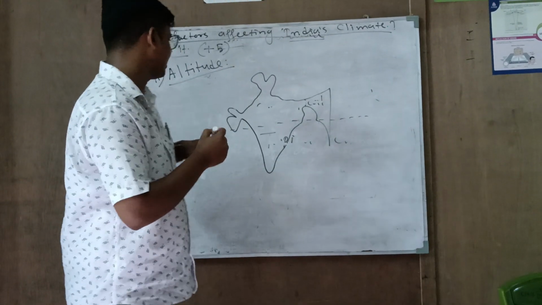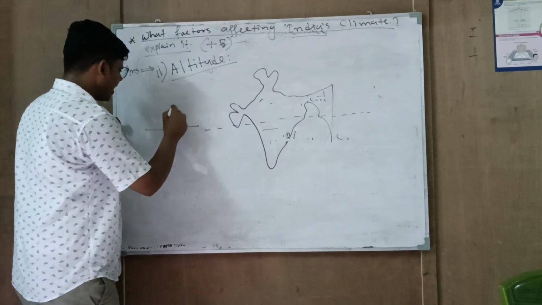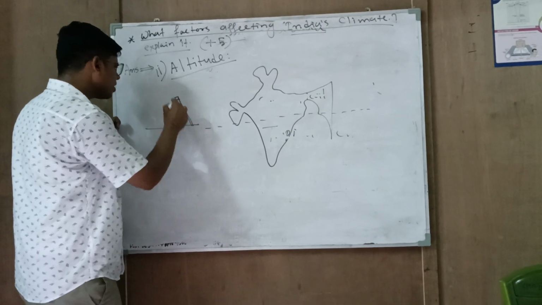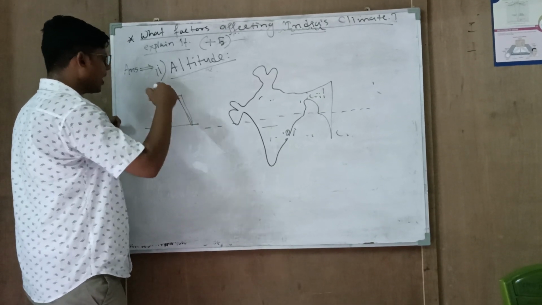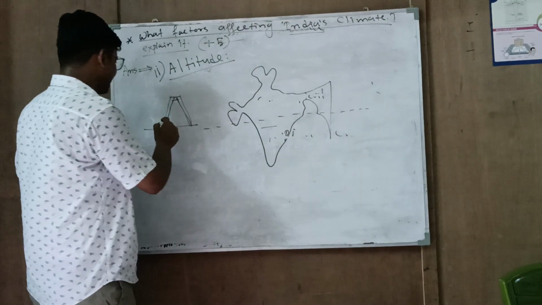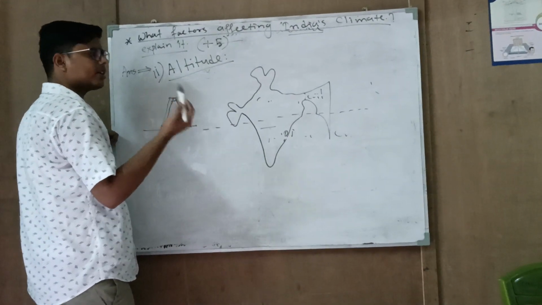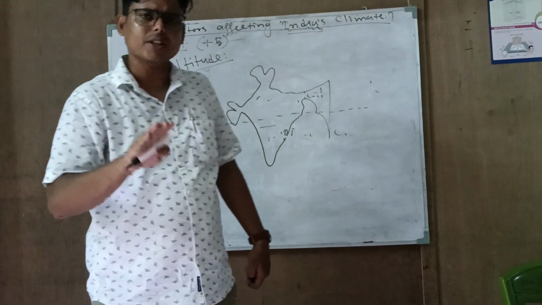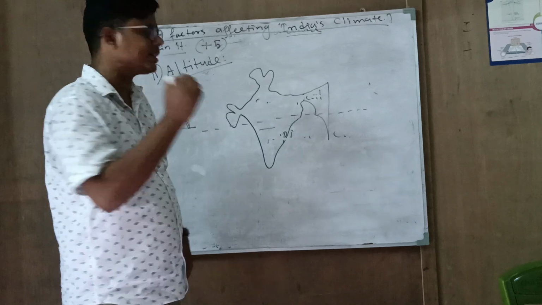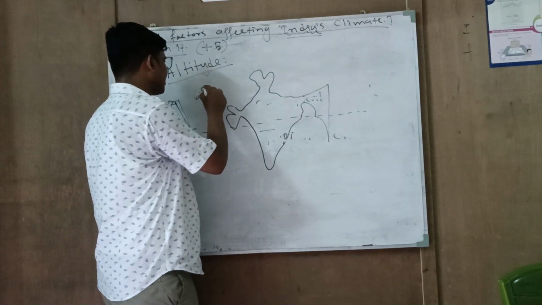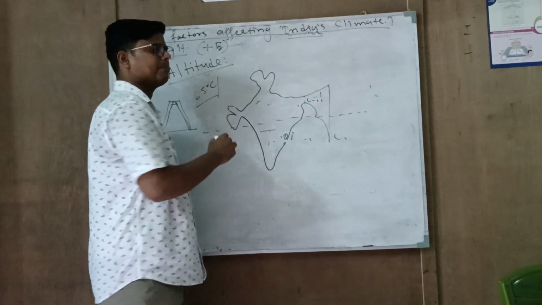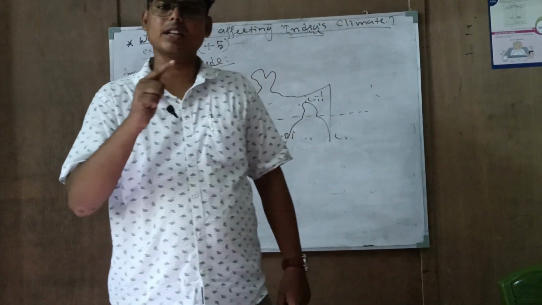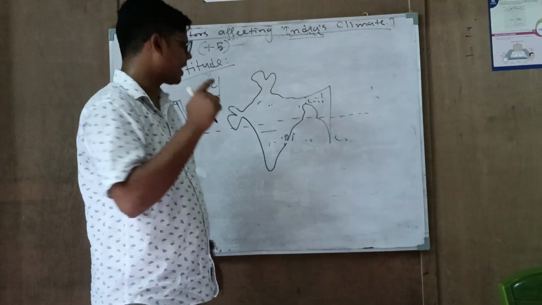As you know, if any place is located at a height, its temperature will be lower. If we move 1 kilometer up from the ground, the temperature decreases by 6.5 degrees Celsius per kilometer. This is called the normal lapse rate. Therefore, height controls our climate.